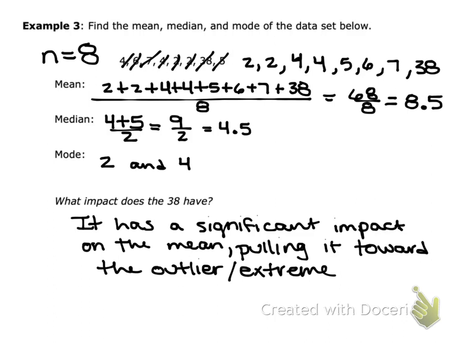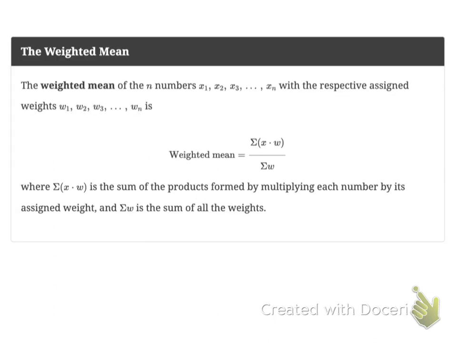Any questions on this? Okay, so then often, especially when we get into grading, we have what's called a weighted mean. Typically we would see this in calculations of GPA, which we're going to do some examples of. But also you will see it a ton in your college courses. Everything is weighted by category.